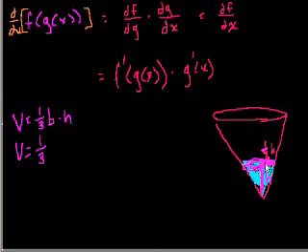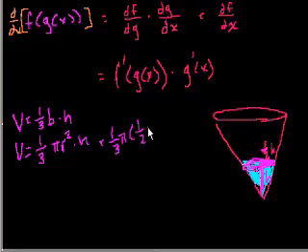And what's the radius in this case? The volume is 1/3 pi r squared times h. And in this example I said that the radius is 1/2 the height. So this equals 1/3 pi times 1/2 the height, I just replaced r, squared, times h. We haven't done any calculus yet.